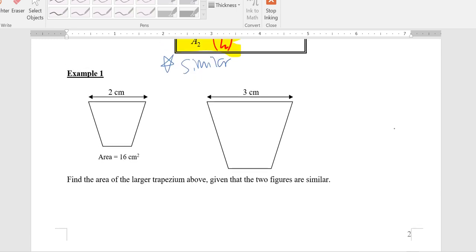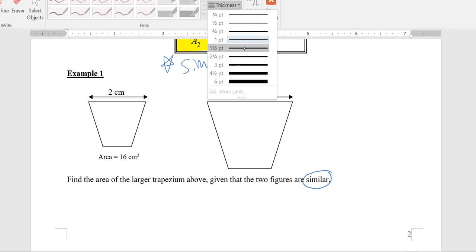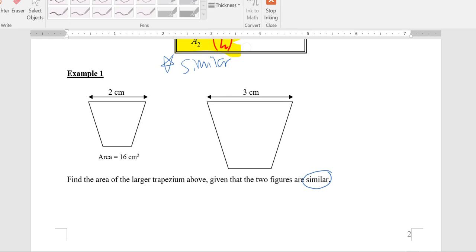In example 1, we are given two figures, a smaller trapezium and a larger trapezium. It is also given that the two figures are similar. So in this case, we can apply the formula that we have learned previously to find the area of the larger trapezium.